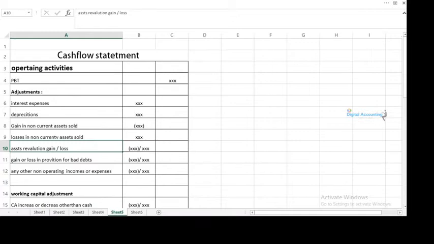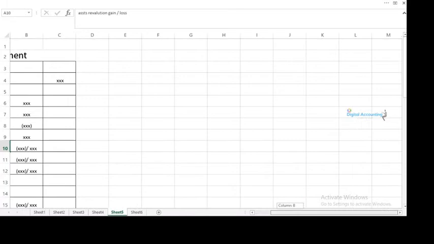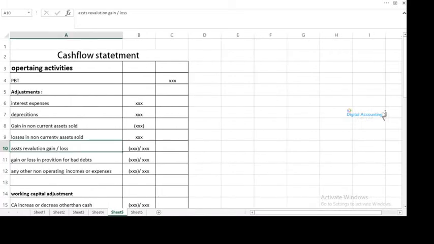Next, the gain or loss, the provision for bad debt. Bad debt is a very important term, so we should know it. Most students fail to understand it, and if the question asks about the provision for bad debts, most are unable to answer, because they don't have broad knowledge of how to handle this issue.